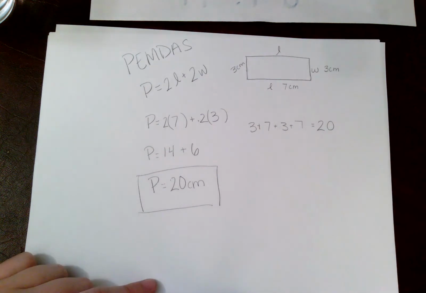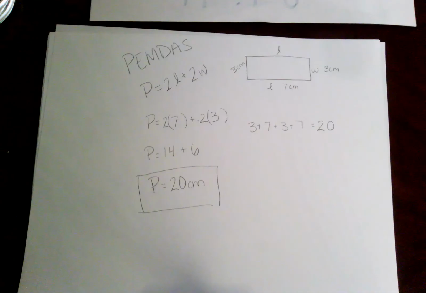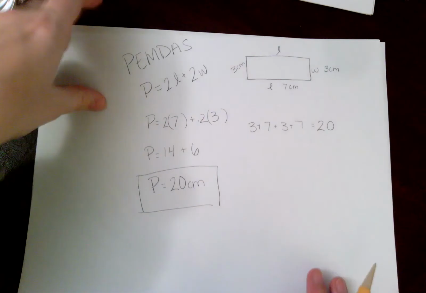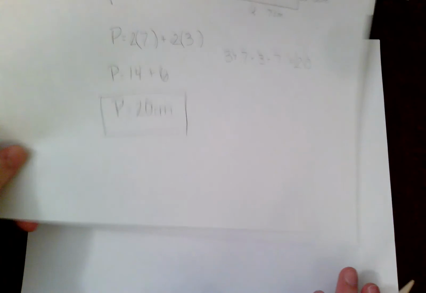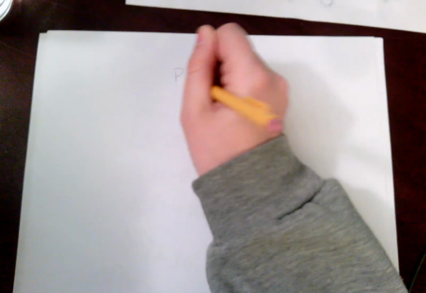Now, to take this a step further, what happens if you are maybe given the perimeter, but you aren't given a side? So, for example, let's take the problem. If the directions tell you that, I'm going to write the formula, of course.